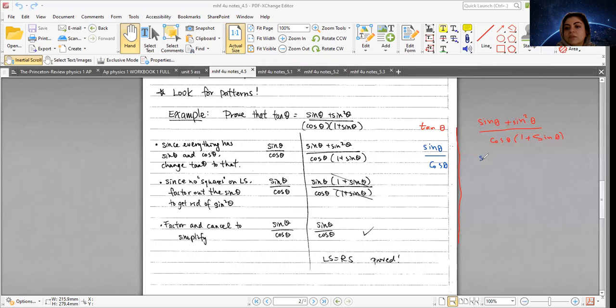If I factor sine theta, the first term divided by sine is 1. The second term divided by sine is sine theta. Then in the denominator, we copy whatever we have.